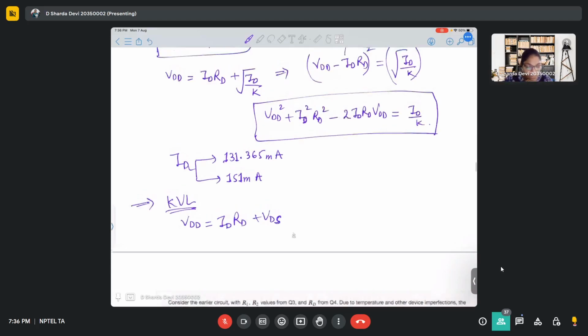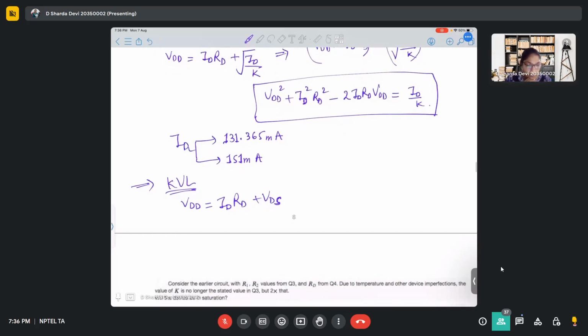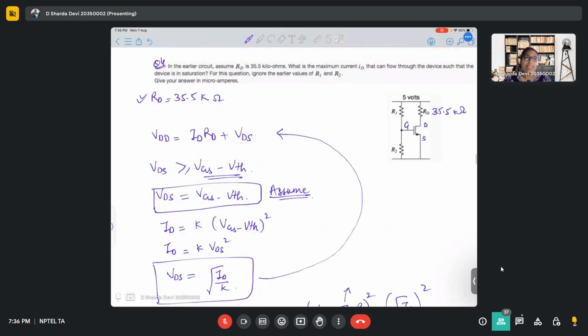So here, what can we do? For sure, one thing that we know is VDS should be positive. This is clear to everyone. This VDS will always be positive, right?